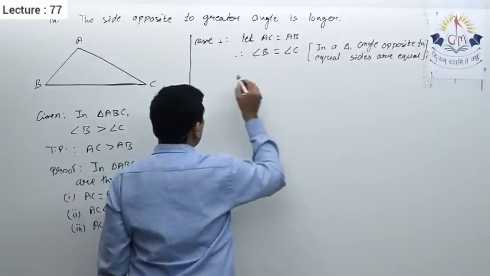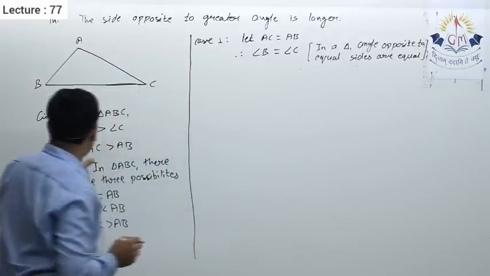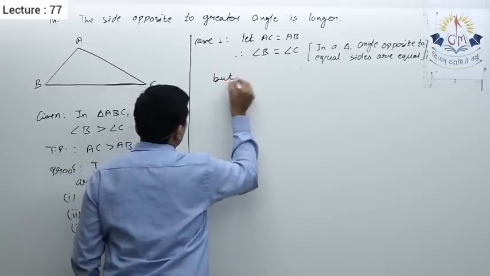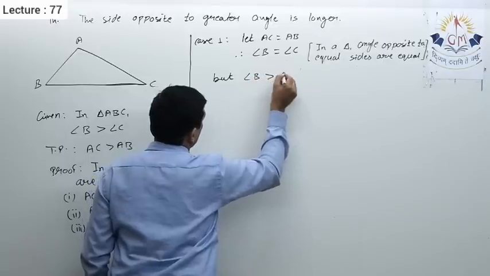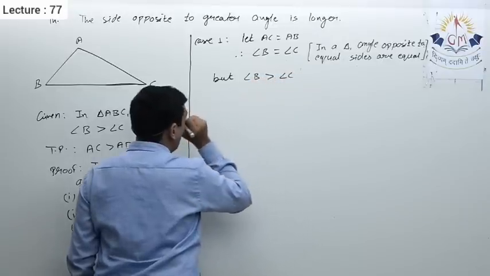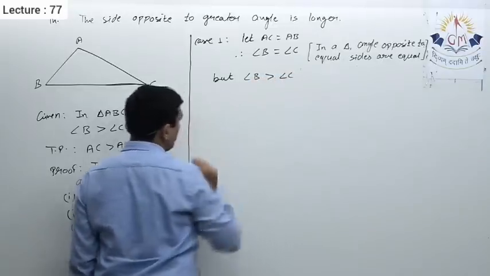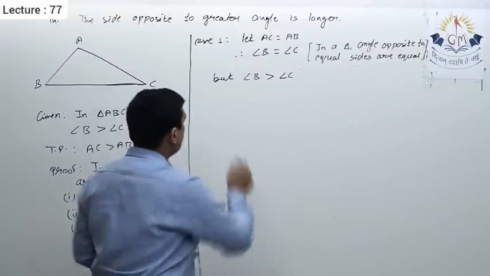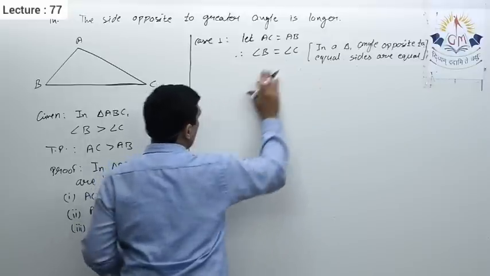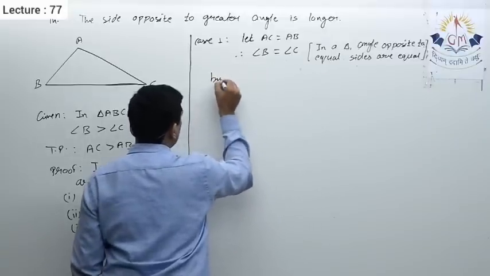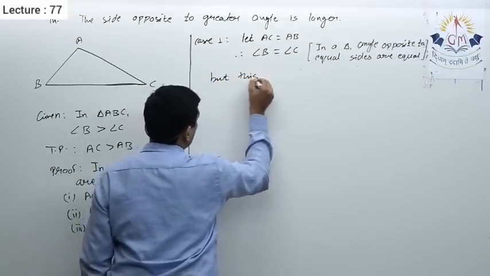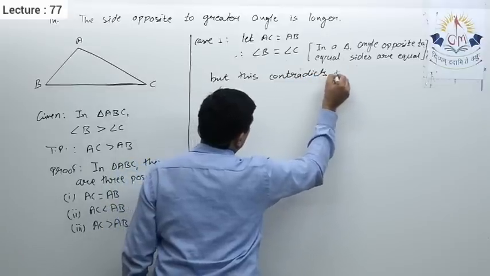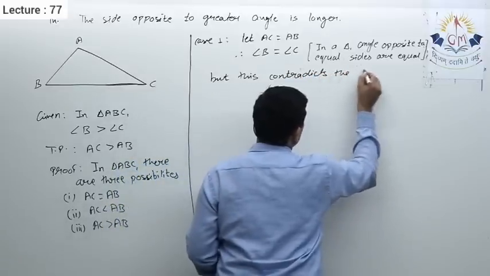So angle B is equal to angle C, but in the question it is given that angle B is greater than angle C. Angle B equal to angle C contradicts the given condition.